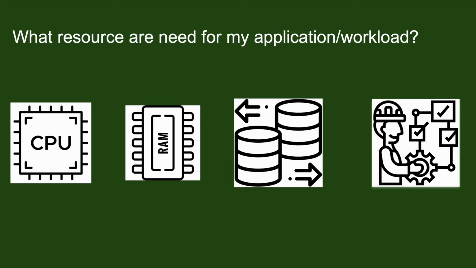When you select an instance in AWS for running your workload or application, there are a few things you need to consider before selecting the type of instance. Mainly, what type of workload you're running and what resources are required for it.